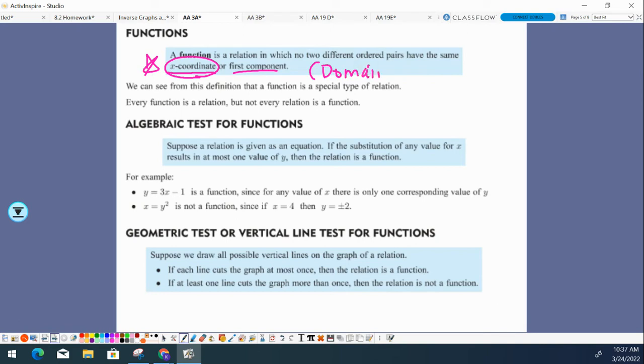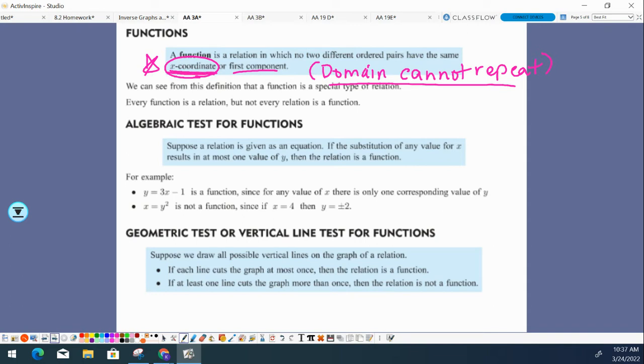So another way to think of a function: the domain cannot repeat. That's the easy way to think of it. If you have to justify if something is a function or not, you're really looking at the domain. So if you're looking at a table or a set of points, you're comparing all the x coordinates.